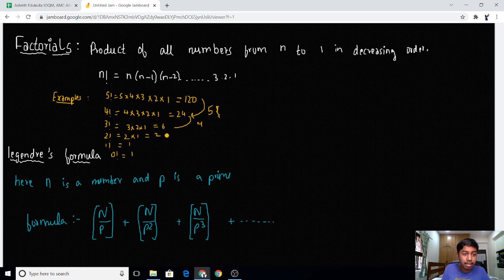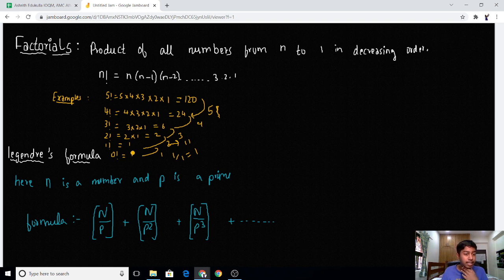I divide 3 factorial by 3, I get 2 factorial. I divide 2 factorial by 2, then I get 1 factorial. Now I divide 1 factorial by 1, I get 0 factorial. So 1 by 1 equals 1. So you understand the logic here. By this logic I get 0 factorial equals 1, and there are also other proofs which are highly advanced, which you do not require.